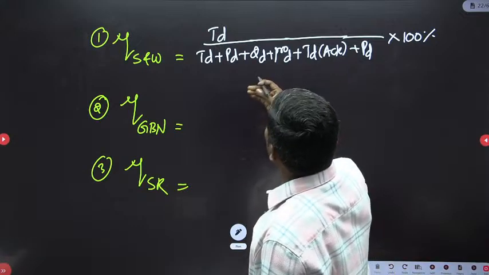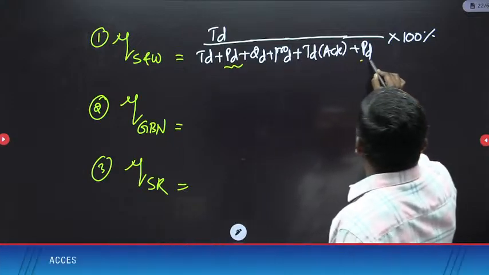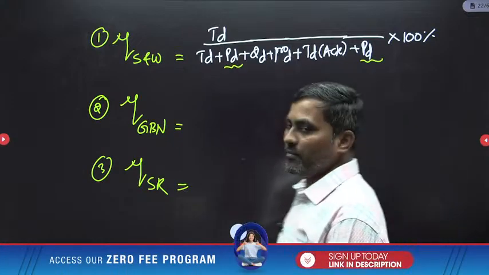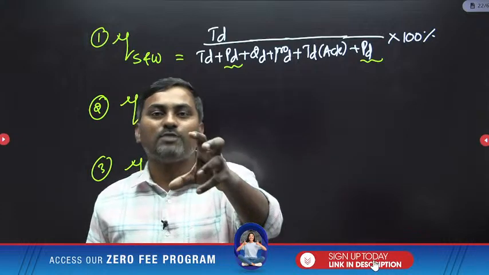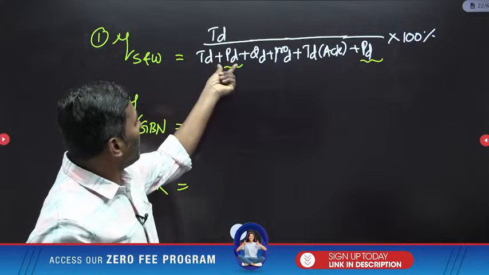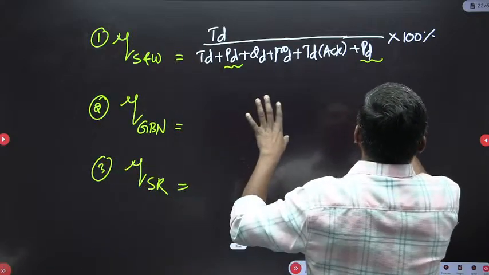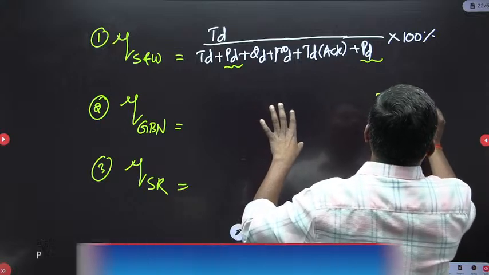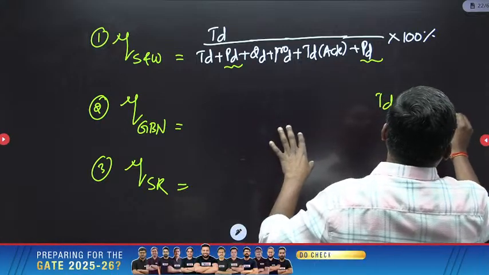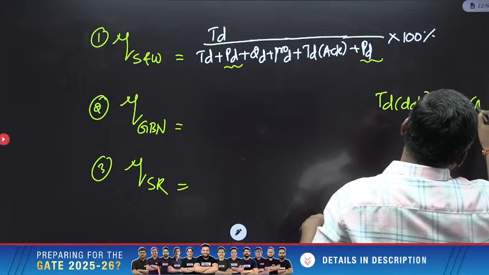So my question to all of you: this is the propagation delay of the main packet, and this is the propagation delay of the ACK packet. The ACK packet is a very small size, right? And the main data packet is generally large. So we know this relation: the transmission delay of data is greater than the transmission delay of the pure ACK.